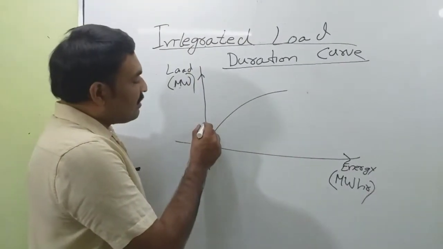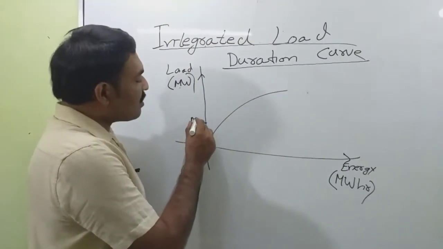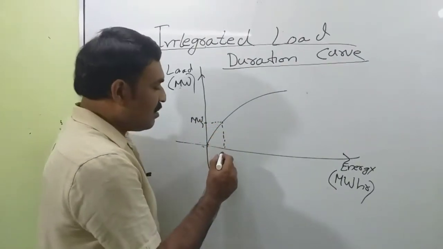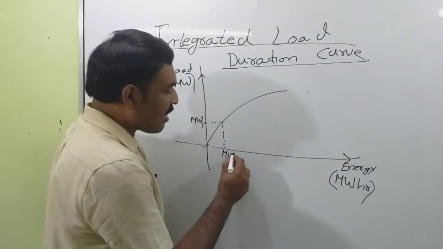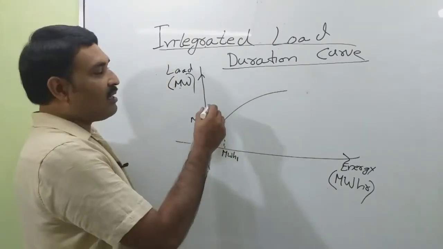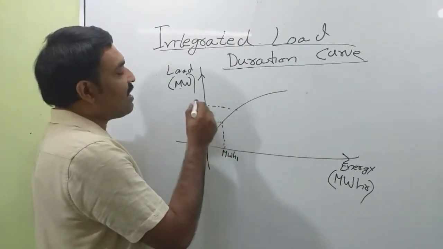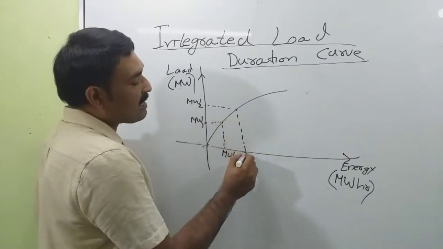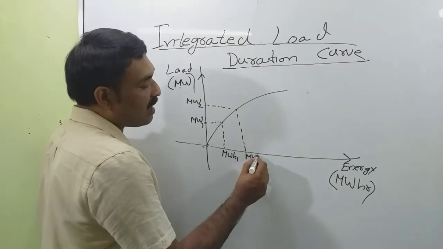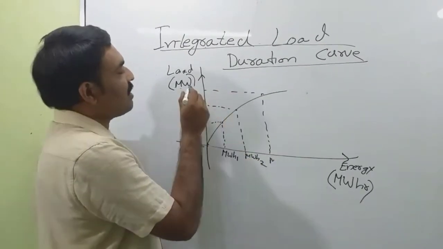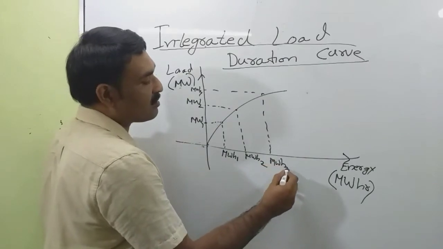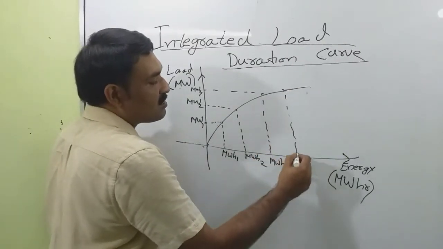When the load is megawatt 1, then the corresponding energy is represented by megawatt hour 1. When the load demand increases and becomes megawatt 2, then the corresponding energy is megawatt hour 2, and similarly megawatt 3 and megawatt hour 3 and so on.